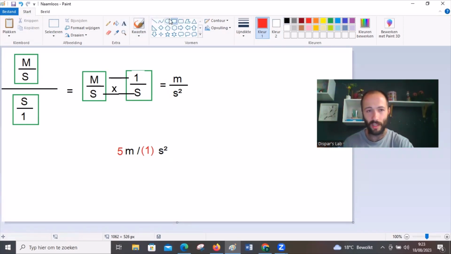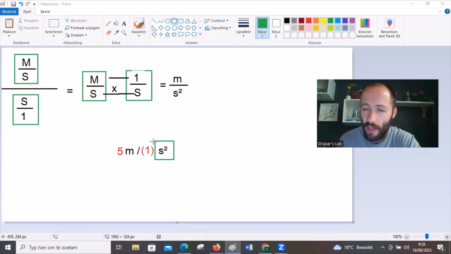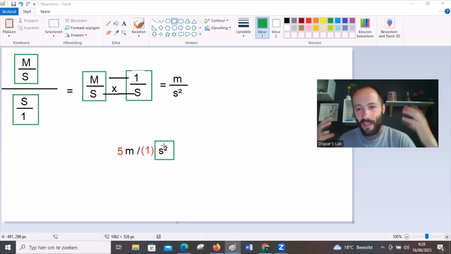The squared seconds is only about the units. You don't have to square the 1, or you don't have to square 5. You don't have to square anything. Second squared just means seconds per second. Second squared has a different meaning than squaring a number, because second itself doesn't contain a numerical value.